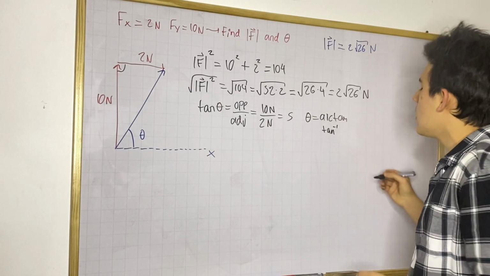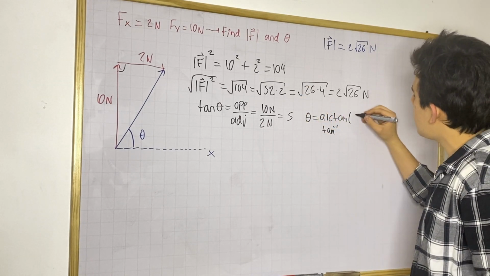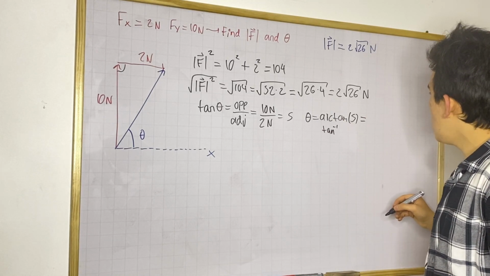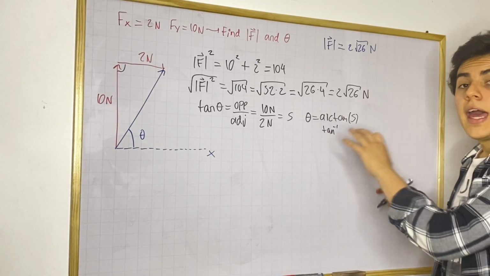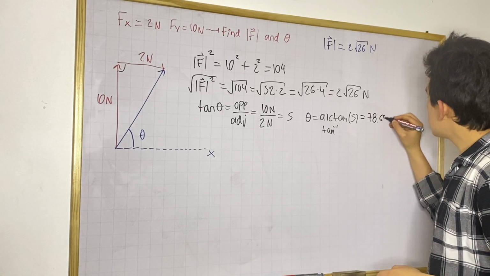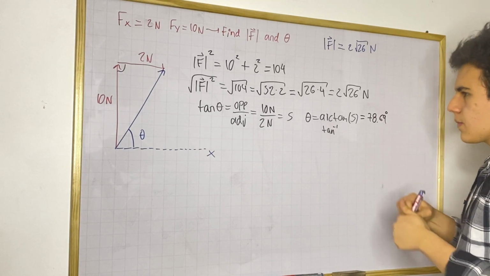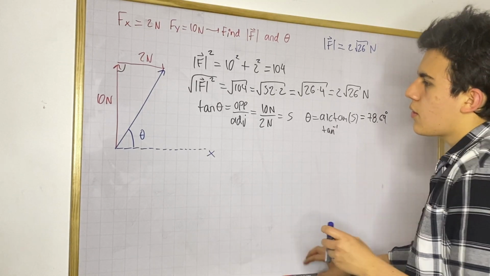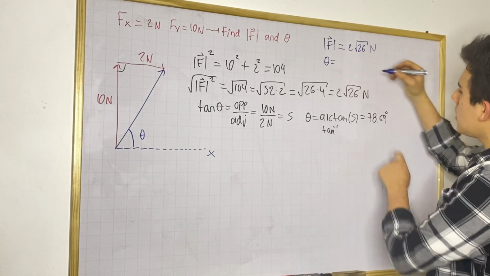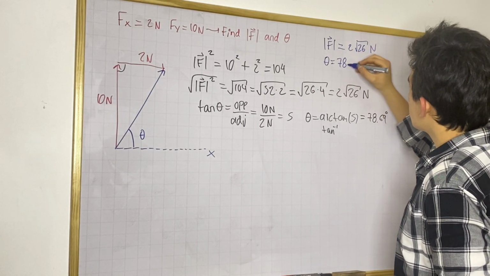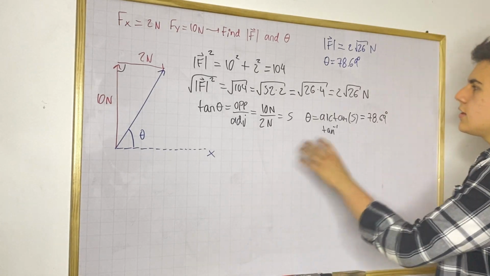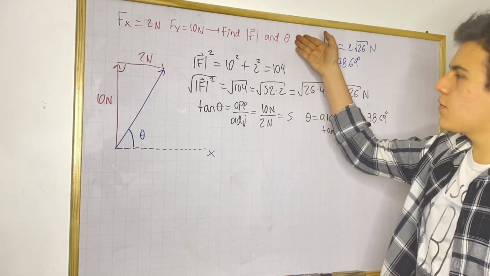This is tangent -1 or arctangent of 5. And now let's see how much that is. So let's use our calculator. And this is going to be 78.69 degrees, okay? So basically now we can just simply write here that theta is going to be equal to 78.69 degrees, of course.